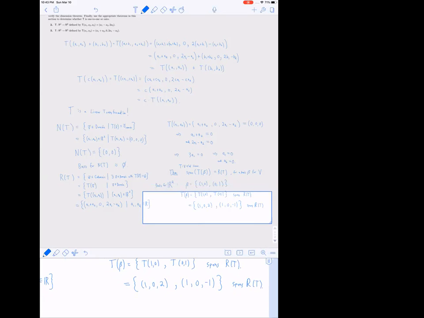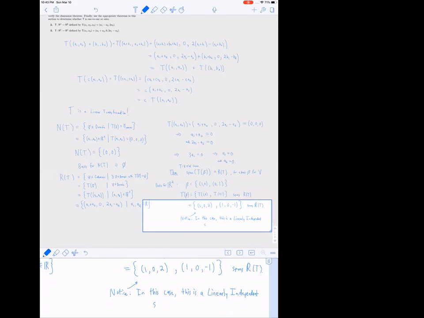And now a quick inspection will let us see, notice in this case, these vectors are already a linearly independent set.